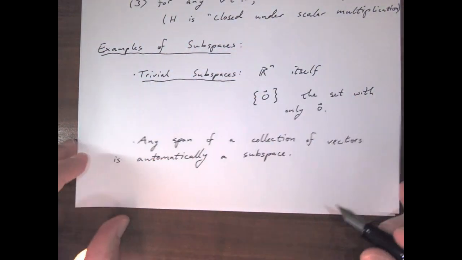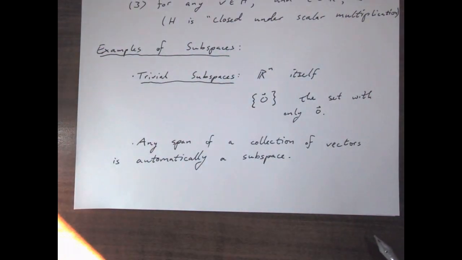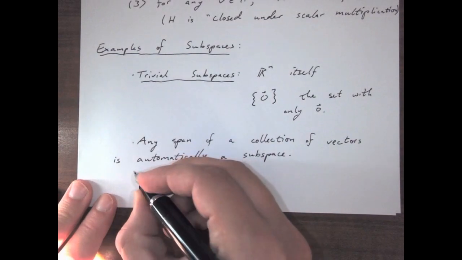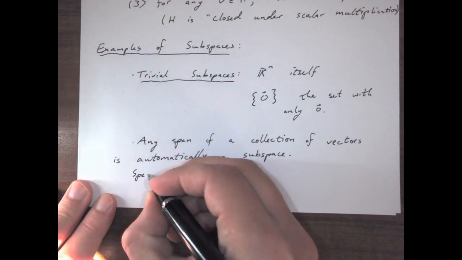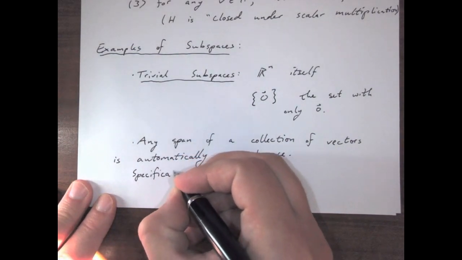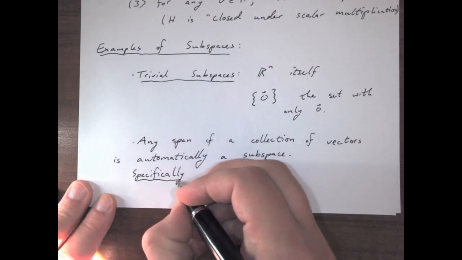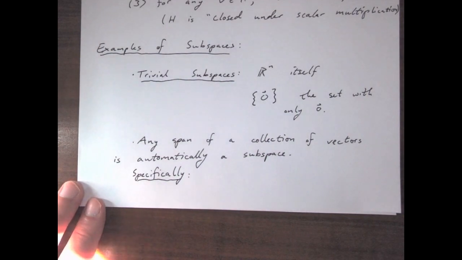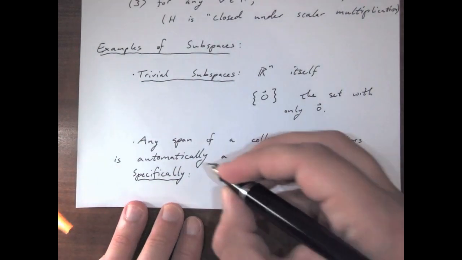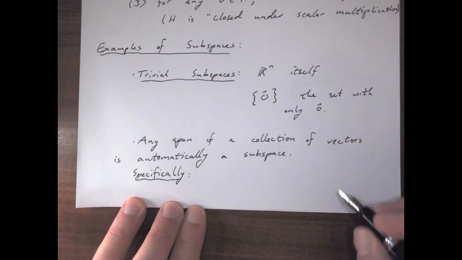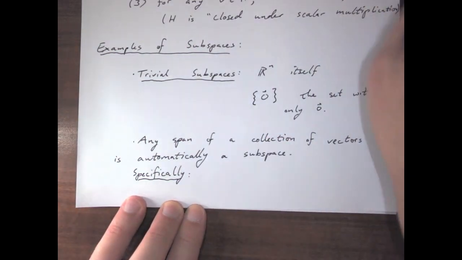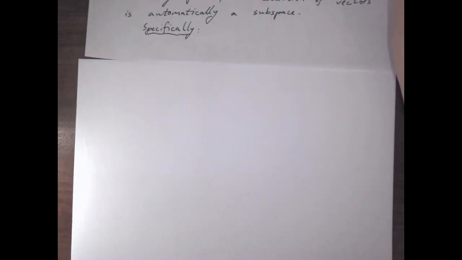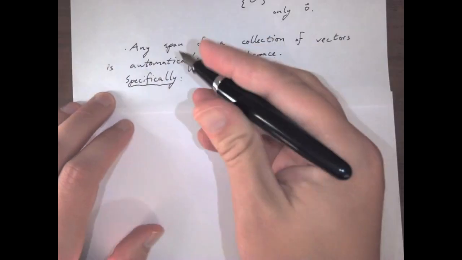So specifically then, what that means is geometrically we'll have the same examples for subspaces as we saw for spans. We can then describe what these subspaces are going to look like based on what we already know about spans. So the subspaces will come in a variety of forms.